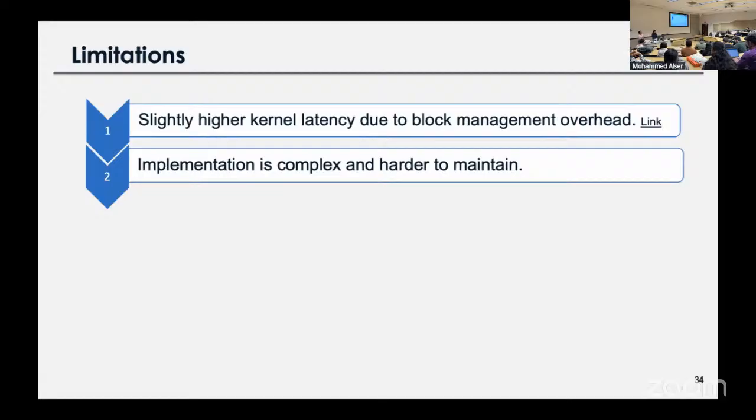Can you answer that? Like how they implemented that.